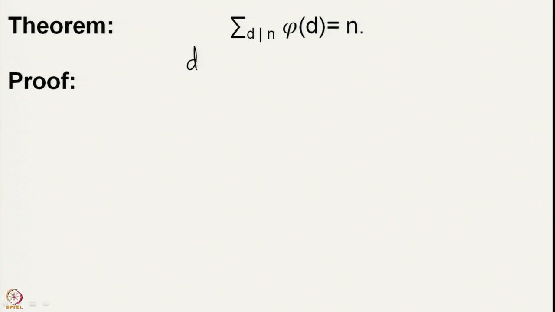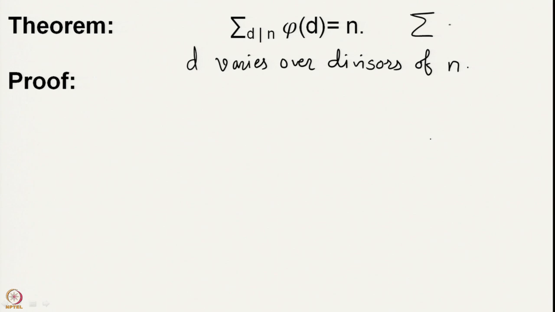So, here d varies over divisors of n, and this symbol denotes a sum. So, we are taking summation over phi d where d divides n and the answer is indeed equal to n.